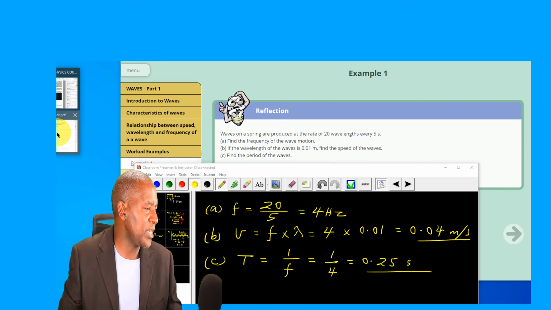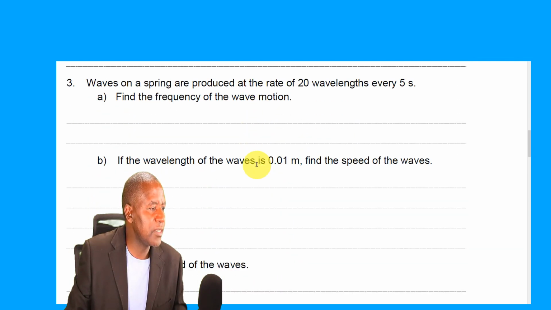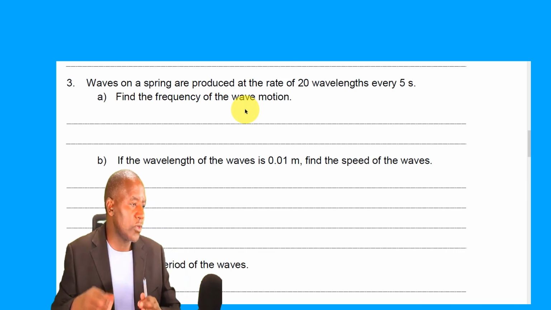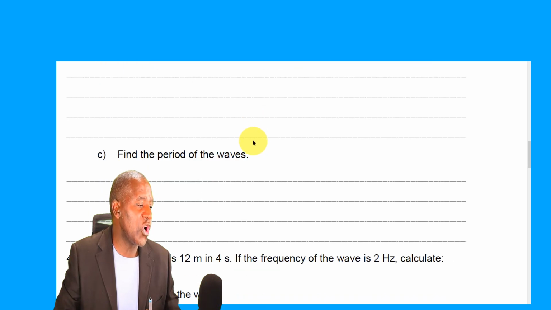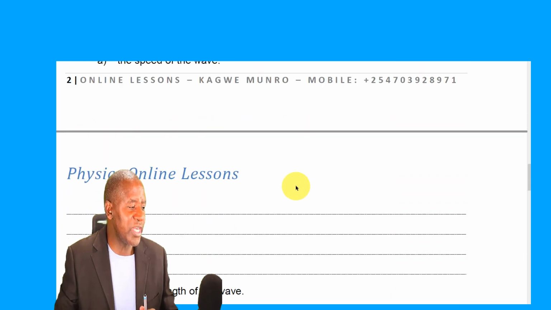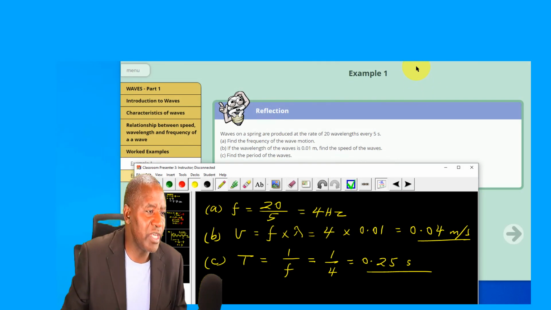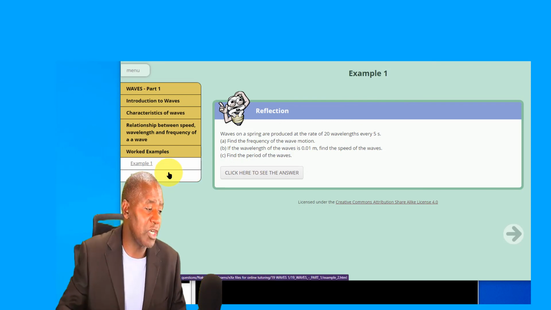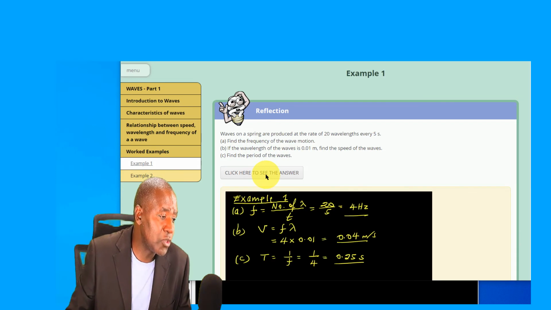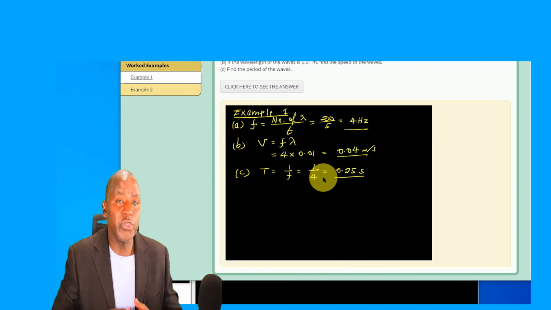Now, once you go through this in the assignment that you have already printed out, because like you can see, that question is here in the assignment, do that particular question all the way to the end. You can also do the other ones over there. There are several of them that I've given. Once you have done all these, then you will go back to this package here, or to these web pages, then click to see whether the answers are correct. There will be some answers that I've already provided that you can use to mark your work.